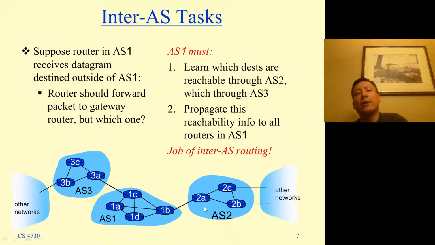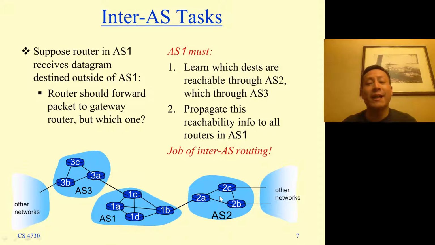So basically, autonomous system 1 must decide that for a specific range of destinations, they can be handled by AS3, and for another specific range of prefixes or IP addresses, they can be handled by AS2.